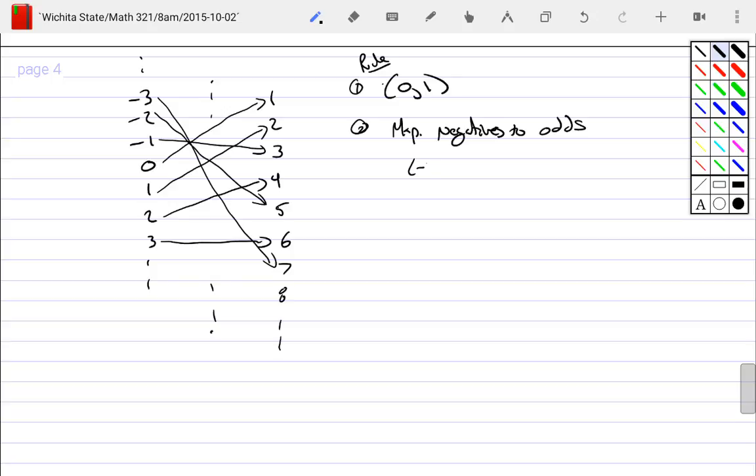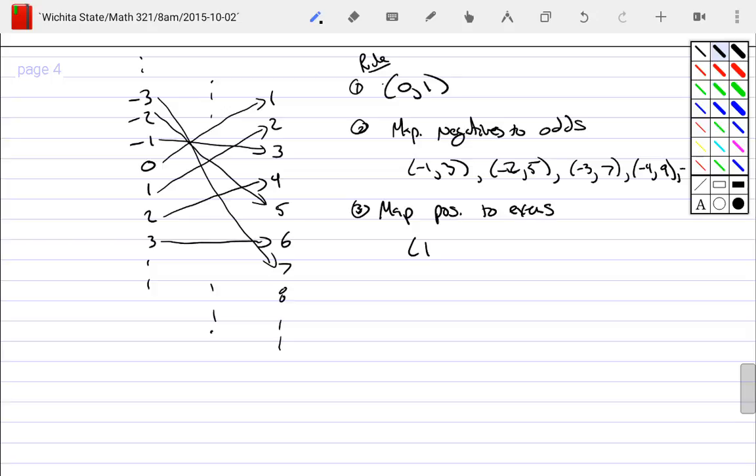Say, for example, -1 goes to 3, -2 goes to 5, -3 goes to 7, -4 would go to 9. And then the third thing I will do is map positives to evens. What does that mean?